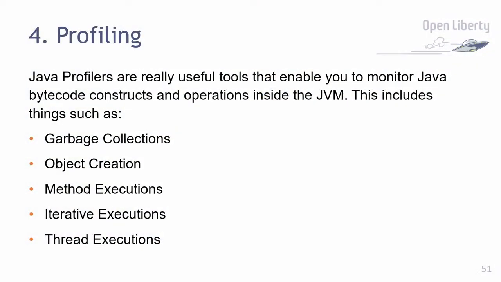Profiling is really good. Java profilers are really useful, and they basically enable you to monitor all the Java bytecode and all the operations that are going on inside of your JVM. So this includes stuff like your garbage collection, so you can see what's going on in there, object creation, method executions, iterative executions, and thread executions.